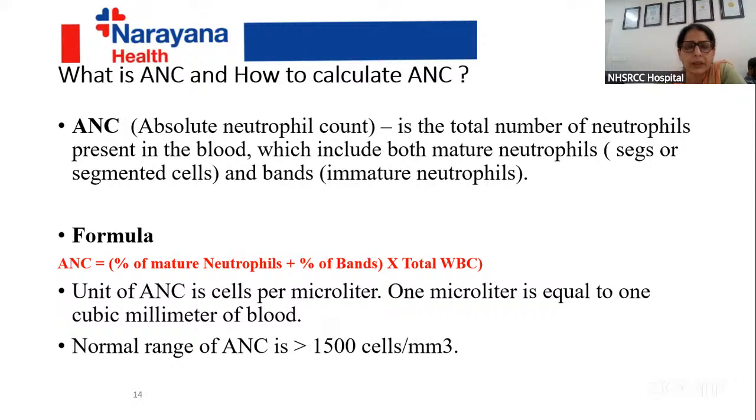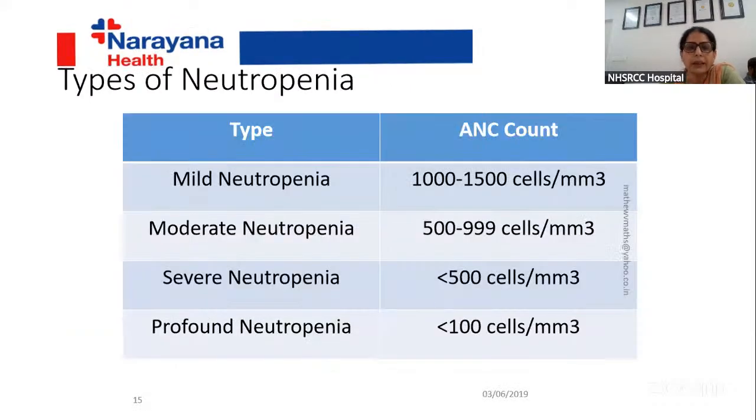When you calculate it, there is a formula of percentage of mature neutrophils plus the percentage of bands, multiplied by the total WBC. Normal range in all children should be more than 1500. You categorize them as severe when the ANC drops to less than 500, or profound when the absolute neutrophil count is less than 100.